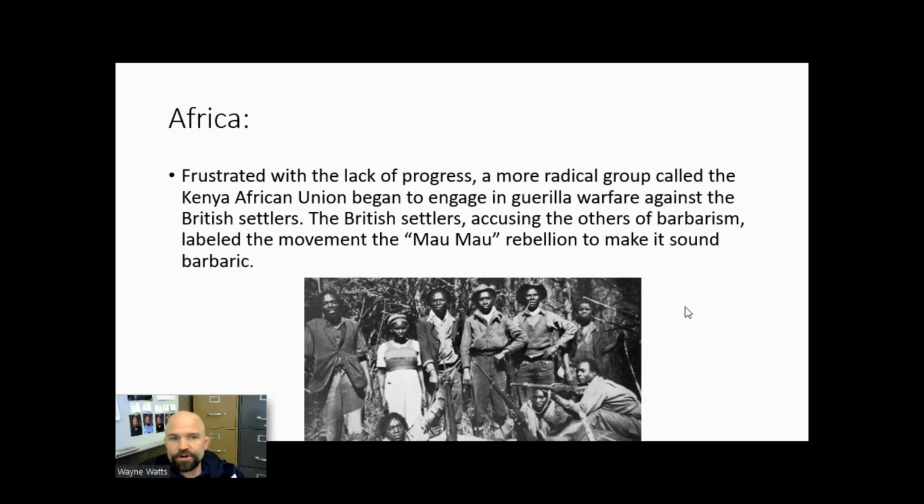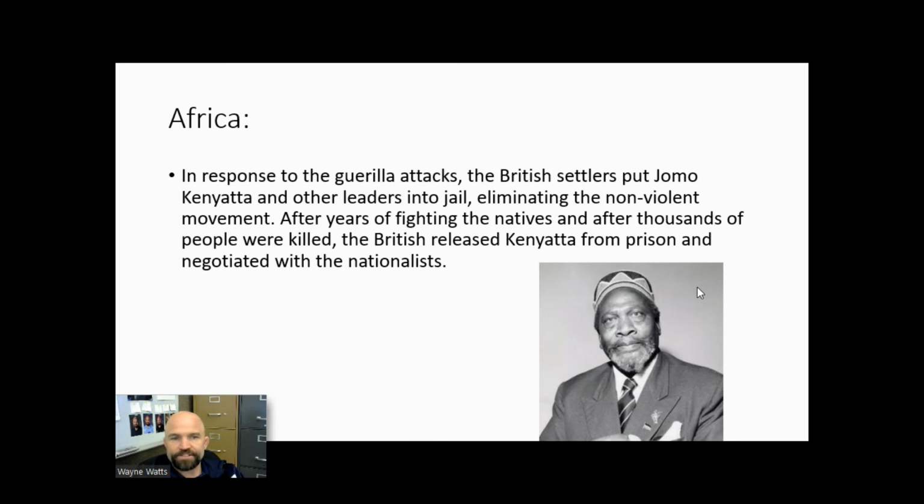Frustrated with the lack of progress, a more radical group called the Kenya African Union began to engage in guerrilla warfare against the British settlers. The British settlers, accusing the other side of barbarism, labeled the movement the Mau Mau Rebellion to make it sound barbaric. In response to the guerrilla attacks, the British settlers put Jomo Kenyatta and other leaders of the movement into jail, eliminating the nonviolent part of the movement for independence.